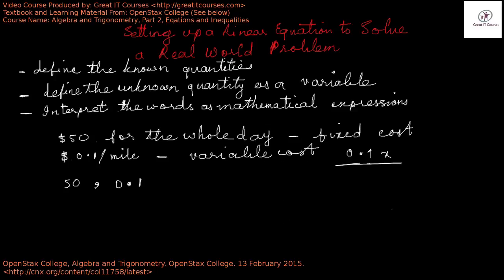Your total cost, interpret the words as mathematical expressions. Now you want to write your expression. Your total cost, let's denote that by C. Your total cost is going to be your fixed cost, which is $50, plus the variable cost, which is 0.1x, and x being the number of miles driven.